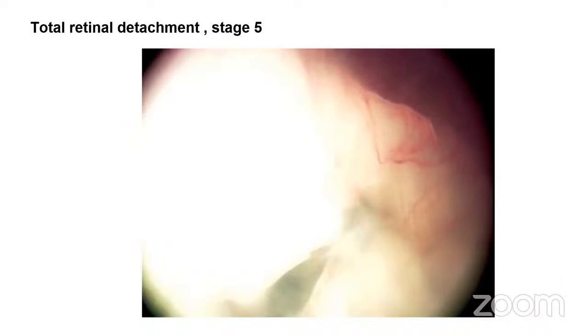That is like open funnel retinal detachment. In 5B, the optic disc is not visible. That is like closed funnel detachment. And in 5C, along with the retinal detachment, you can see anterior segment findings also, such as rubeosis iridis, shallow anterior chamber, posterior synechiae, and neovascular glaucoma. That is 5C.